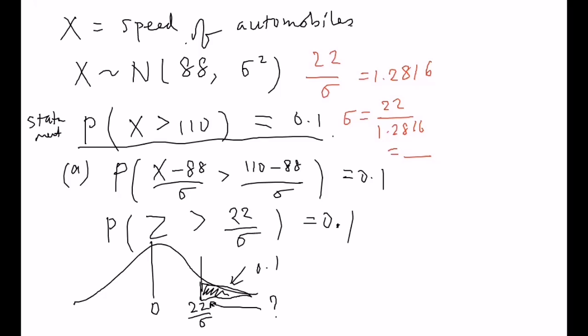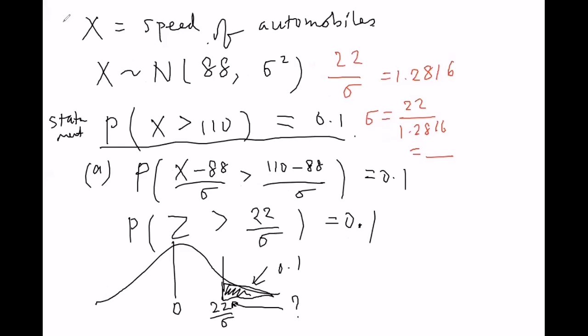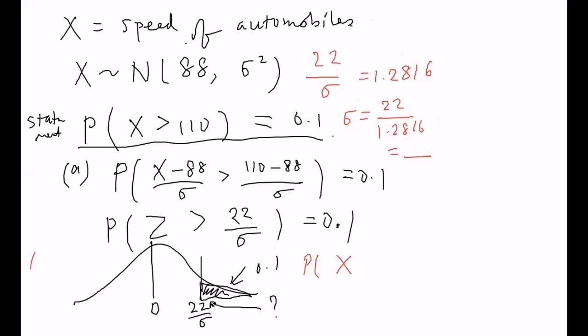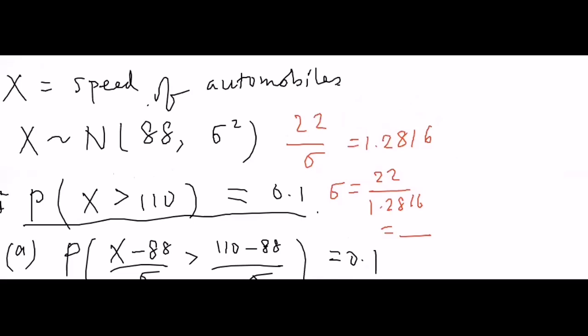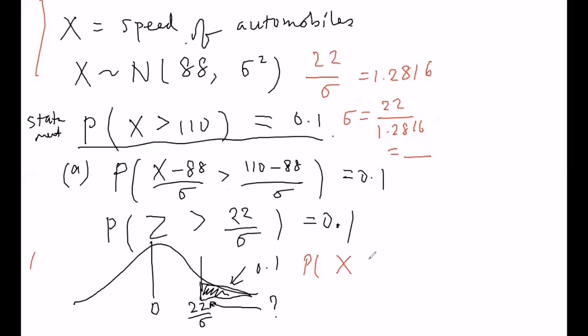So basically you have the percentage of cars, P of X slower than 60.